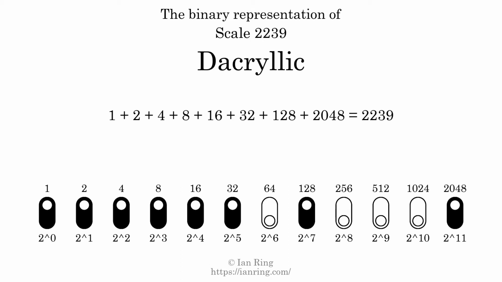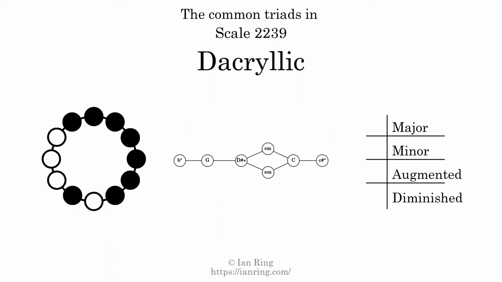That is why the scale number, in decimal, is 2239. The scale number not only enumerates the scale with a unique index, but it also literally describes the tonal content of the scale. Represented as a binary number in base 2, the scale number is 100010111111.